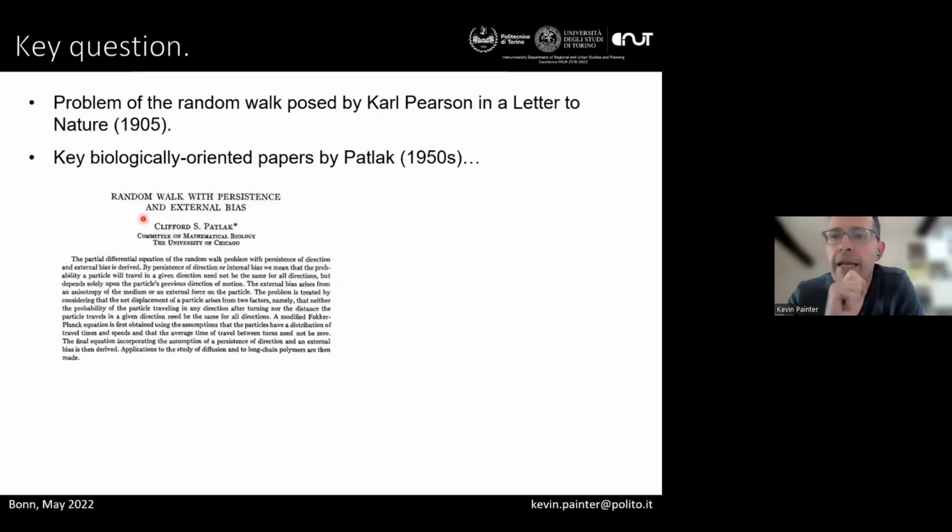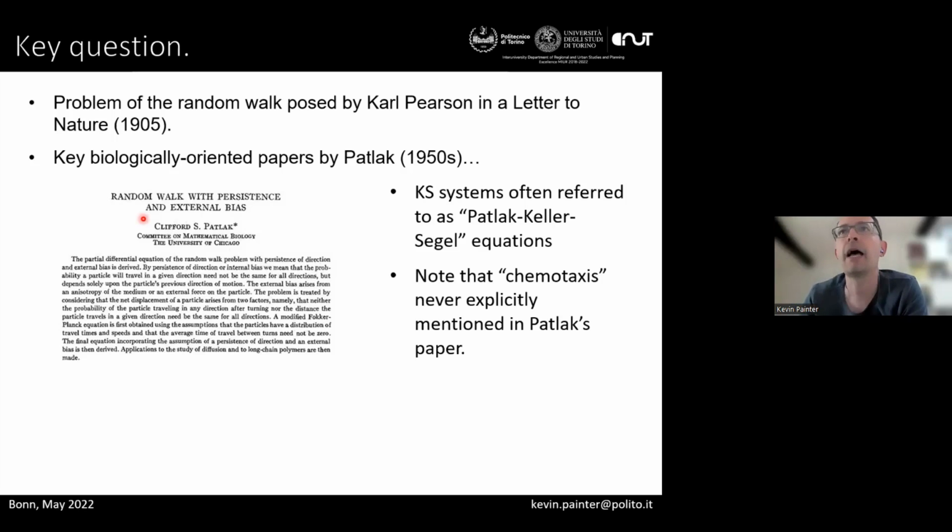He posed the question: if you have a particle moving as a random walk through space, with some external bias that influences its movement in a particular direction, and moreover the individual has a tendency to persist in a particular direction, which is quite relevant to a biological organism, what sort of macroscopic model will we get from this?